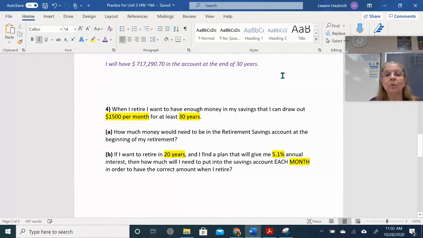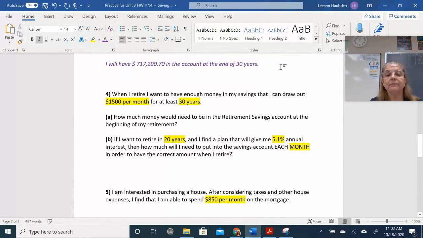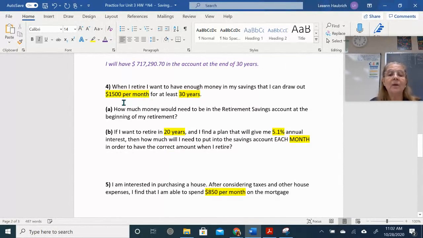Now, question 4 has multiple parts to it. Question 4 says, I want to retire. When I retire, I want to have enough money in the account so I can draw $1,500 per month for at least 30 years.